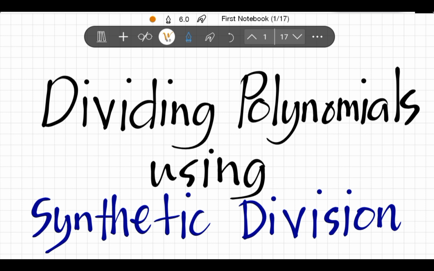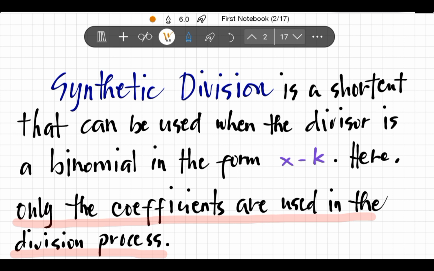Long division is quite difficult compared to synthetic division. Why? Because synthetic division is a shortcut process, and it is much easier than long division. However, it will depend on you which of the two methods or processes you take.